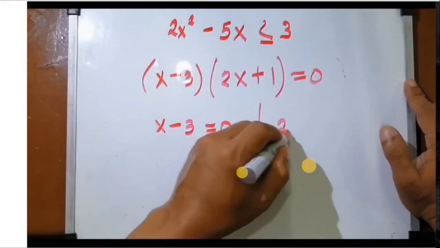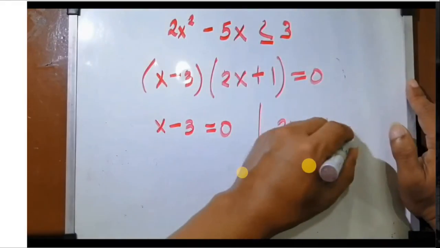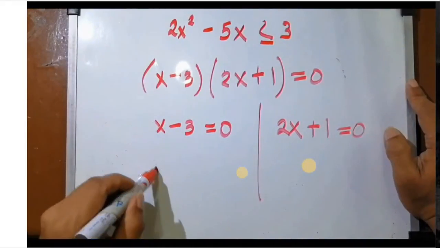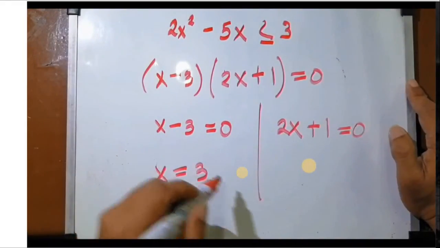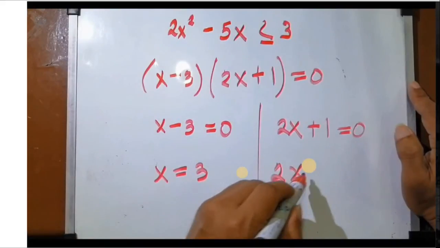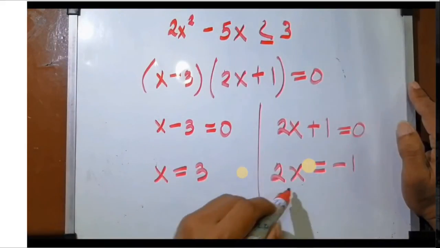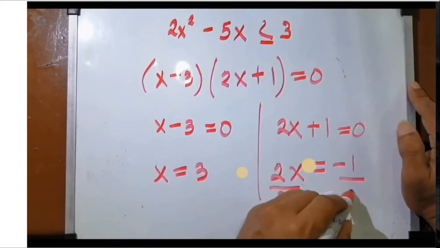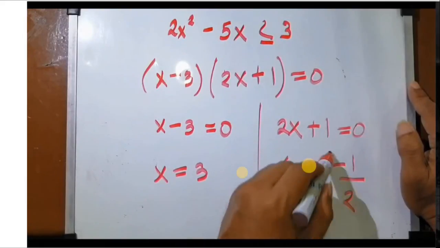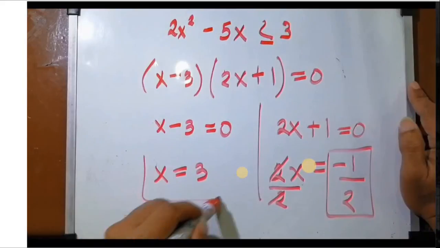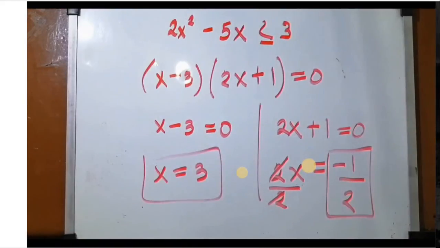Yung isa, 2x plus 1 equals 0. So, here, x is positive 3. Here, because 2x plus negative 1 divided by 2, so x is negative 1/2 and positive 3. Yun yung ating point na iti-test ngayon.